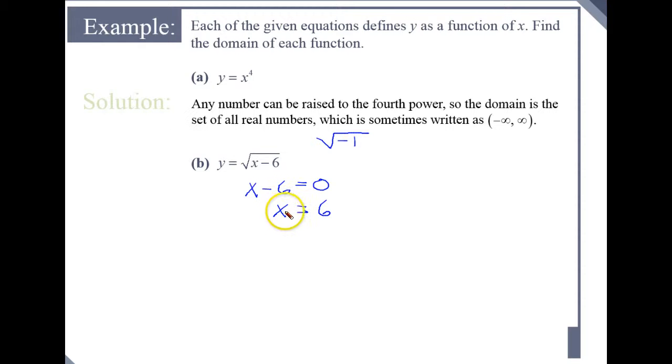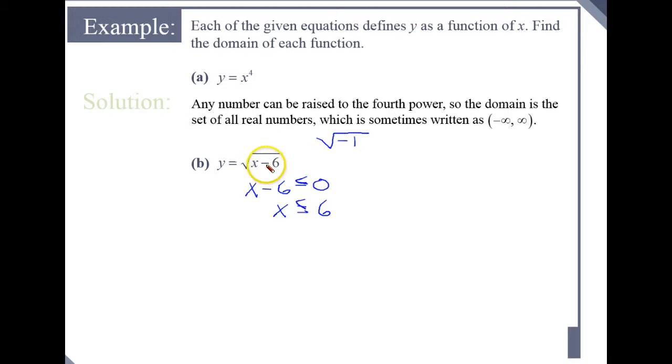So you then say, well, x can be greater, I guess I can put that there too, or equal to 6. x is greater or equal to 6. Now, if you have a number smaller than 6, like 5, then you would go 5 minus 6 is a -1.